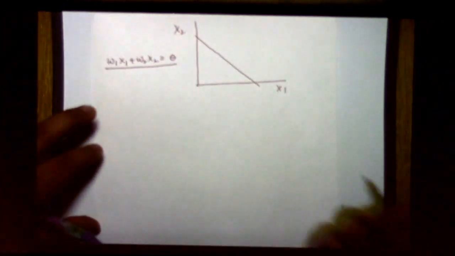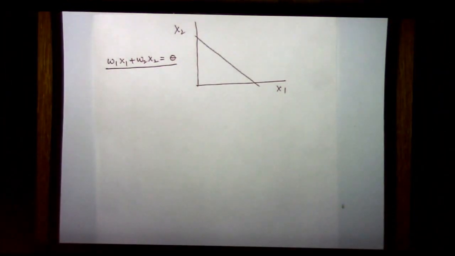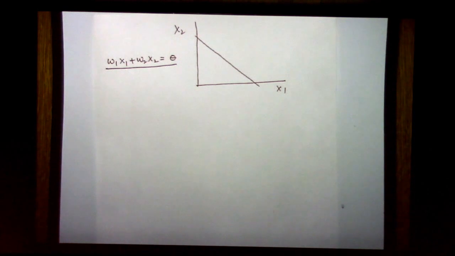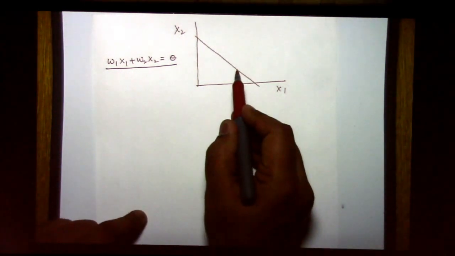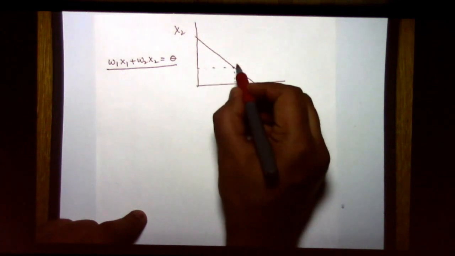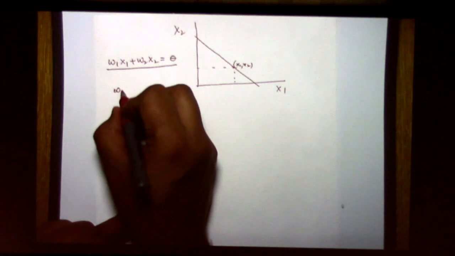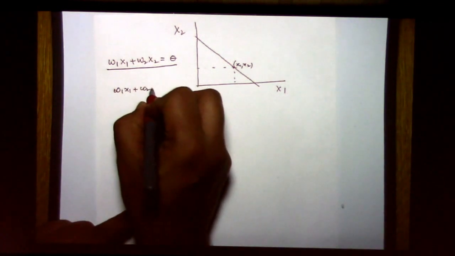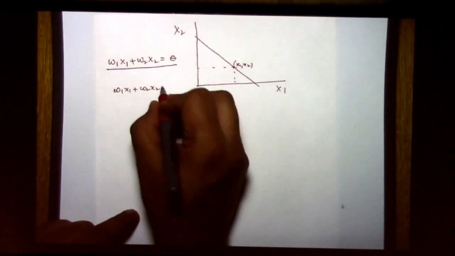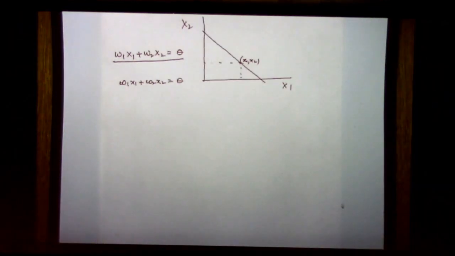This is the equation of a line, right? What does that mean? That if I take any point that is on the line, let's call it x1 and x2, and if I multiply x1 with w1 plus x2 with w2, then the answer that I get will be theta, because that's the equation of the line, right?